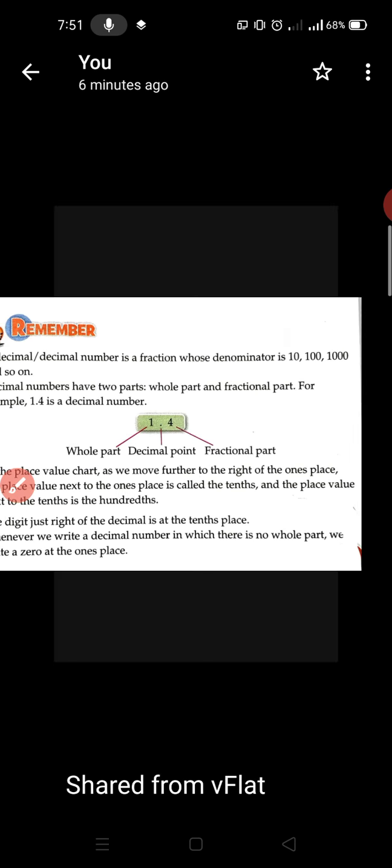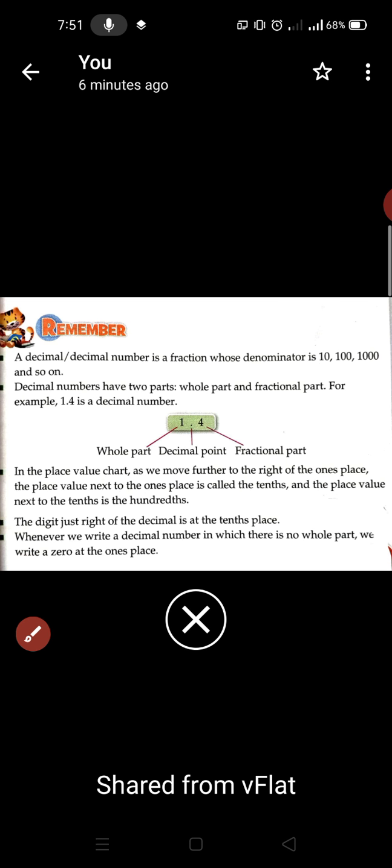Now coming to the third point, the place value chart. Already we know the place values. Once again we will remember them. Generally we start from ones, tens, hundreds, then 1000, 10,000, lakh, 10 lakh, like this.